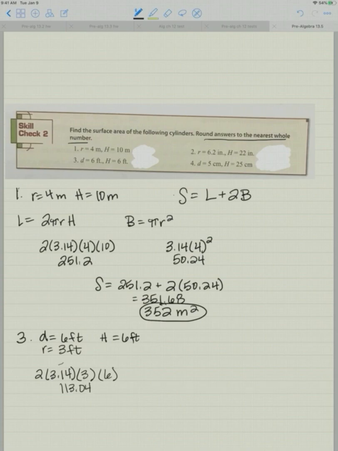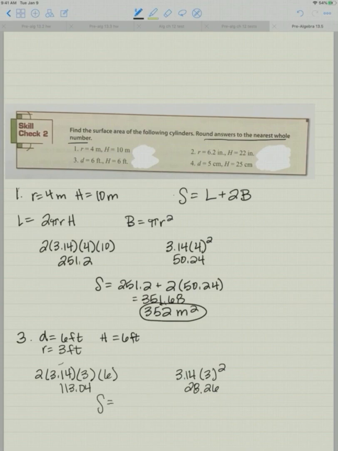Big B, pi r squared: 3.14 times the radius, 3 squared. Sorry, 3.14 times 9 gives me 28.26.